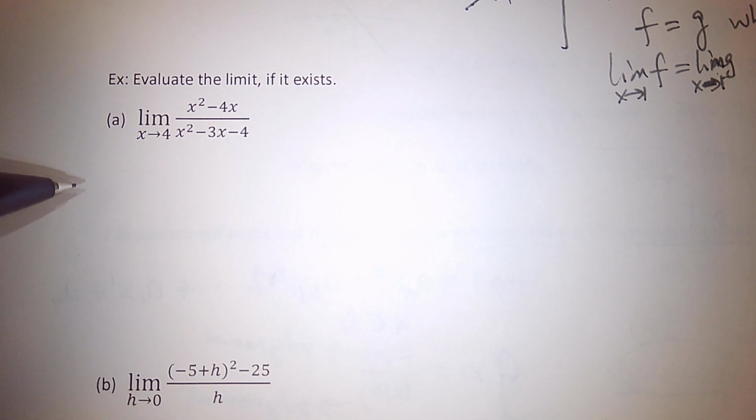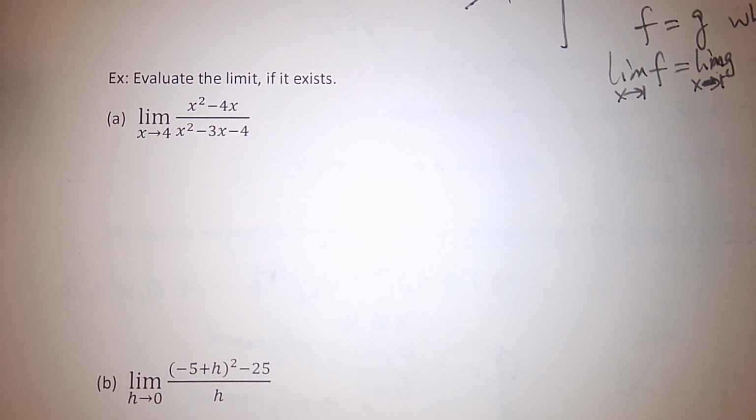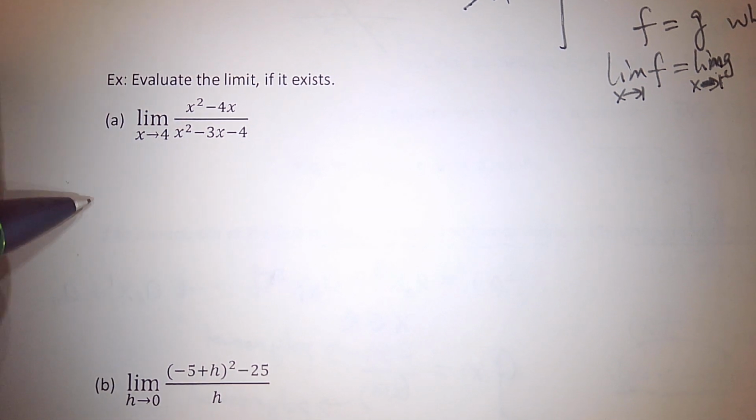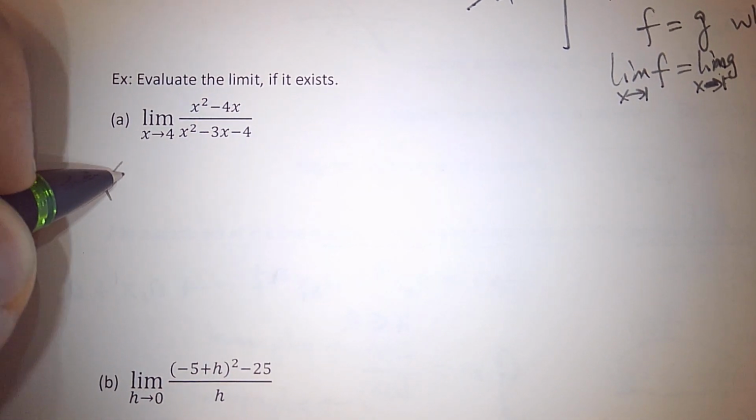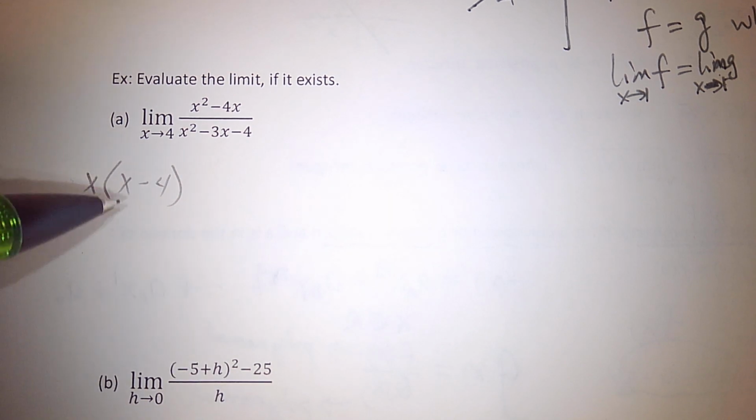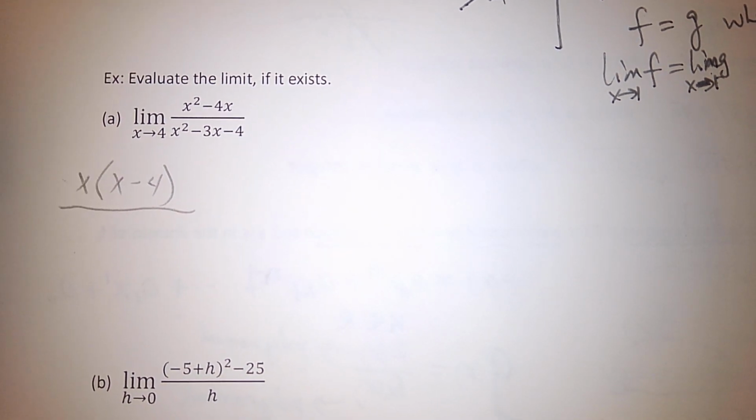It's at the top too. Yeah. Oh god, so you pull an x out, you get x minus 4. And then on the bottom, what would I even do?